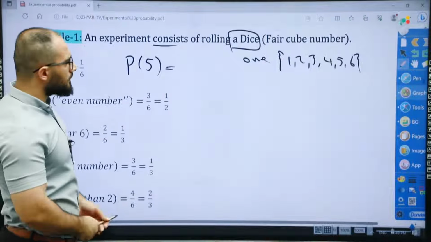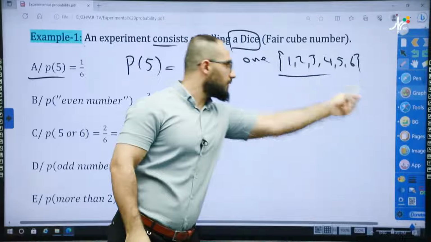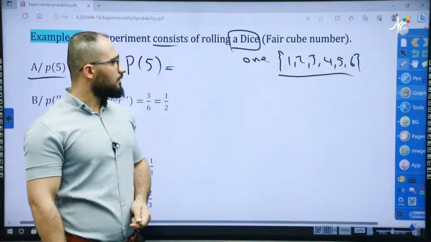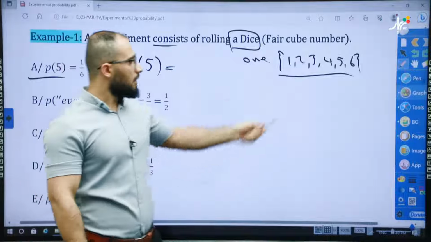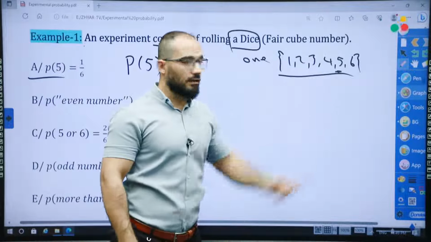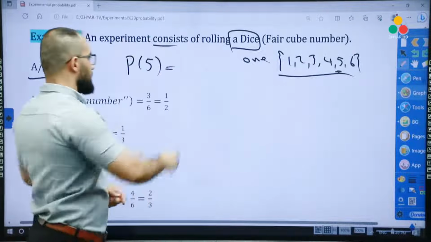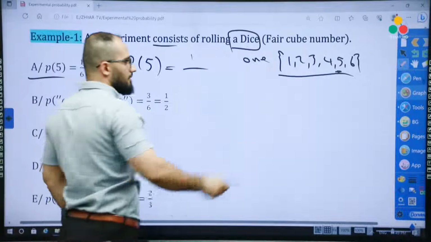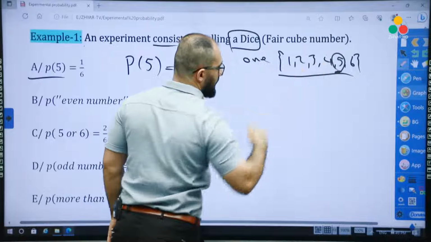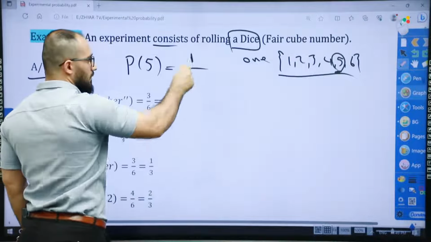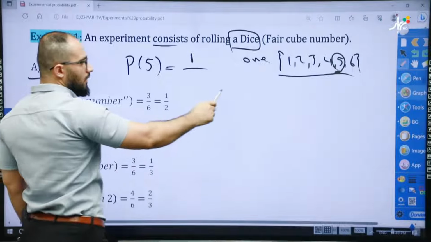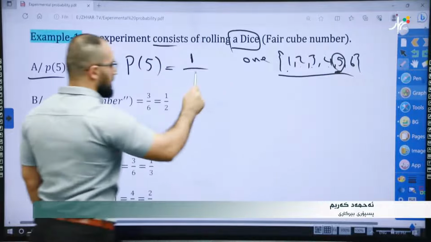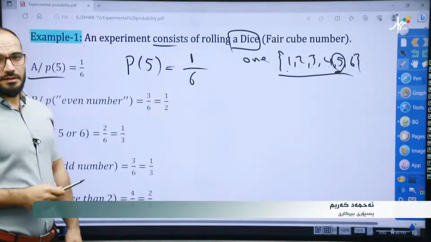If you look at the list of all possible outcomes for a dice, how many number 5 can you see? Only 1 time. So write 1 because we have number 5 and it is repeated only 1 time. Then what are all the possible outcomes? 1, 2, 3, 4, 5, 6. So 1 over 6.